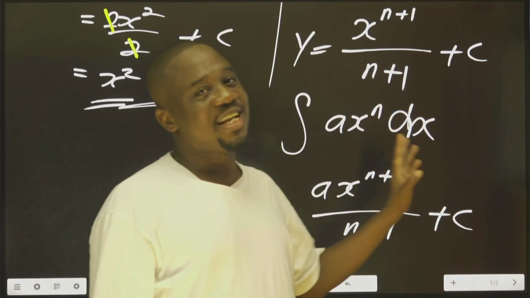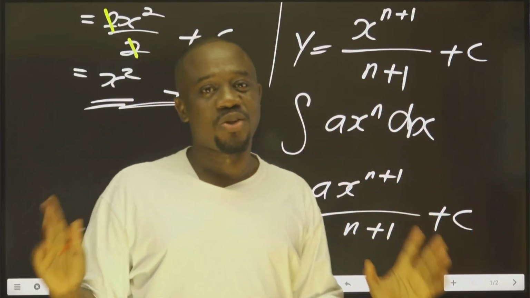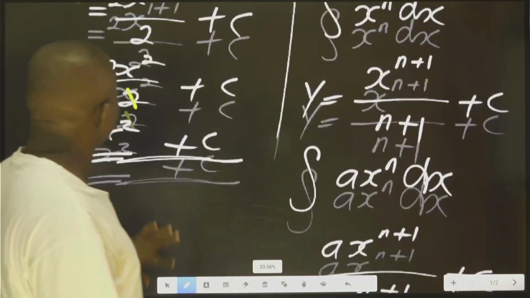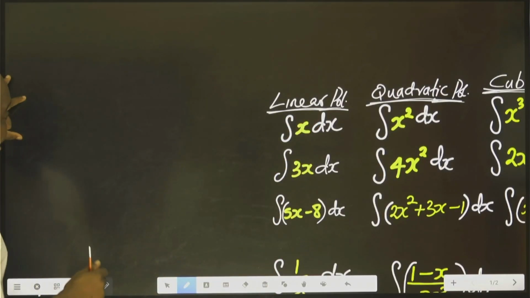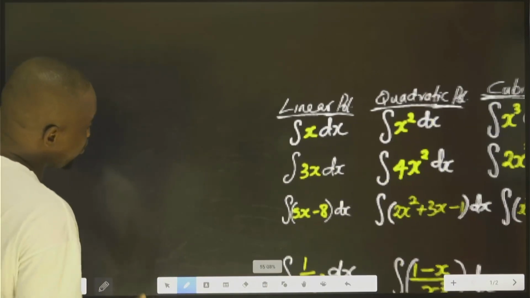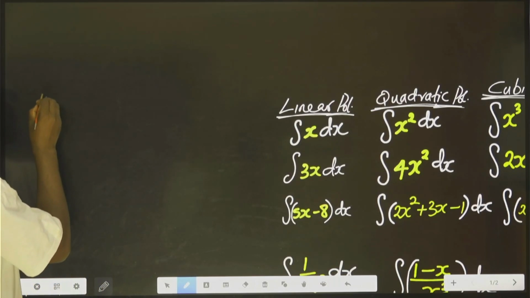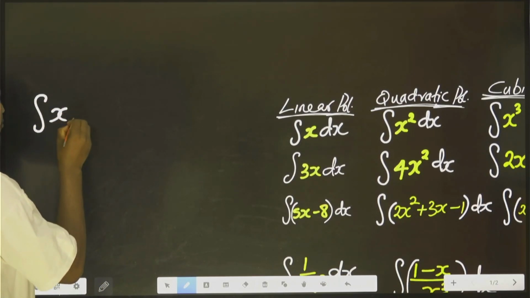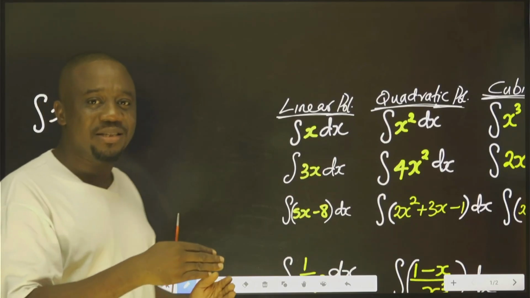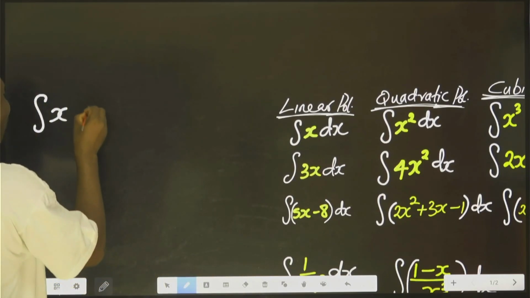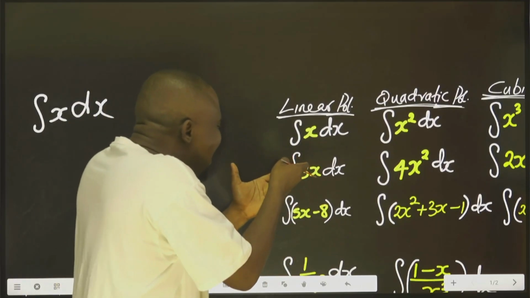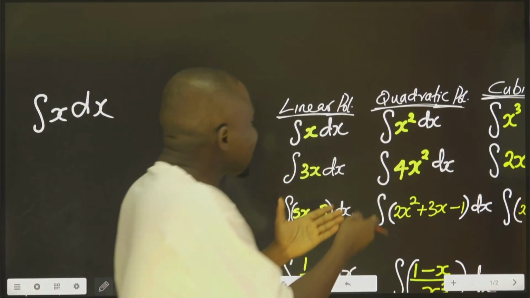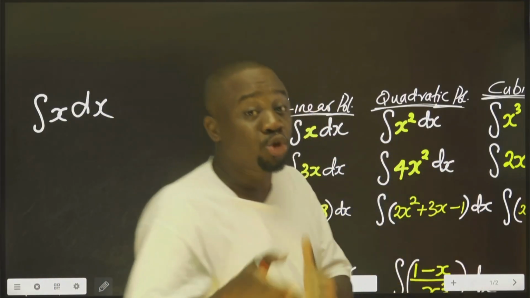With the knowledge of this now, let's go and tackle each question I showed you before. Let's start with this linear polynomial. The first one which we are going to do, we are asked to integrate this. You are given this to find the integral. You can be asked, what is the integral of x? What is the integral of 3x? What is the integral of 4x raised to power 2?